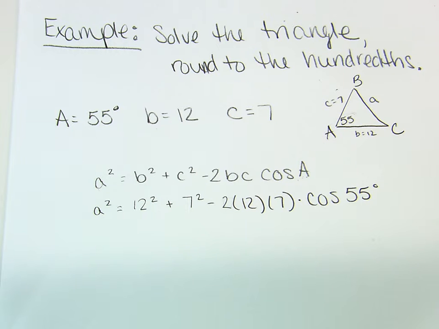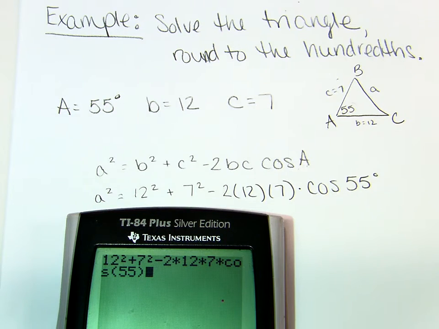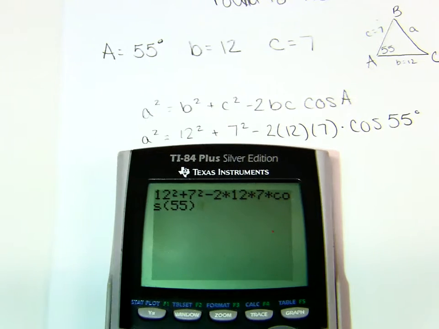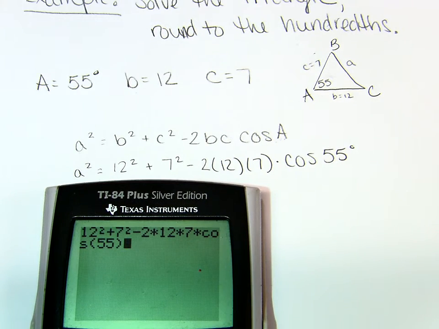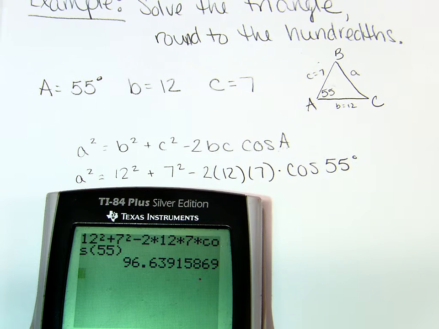So if I typed in that whole entire right side of the equation, 12 squared plus 7 squared minus 2 times 12 times 7 times the cosine of 55, and if I hit enter, you get a lovely number that's not going to come out pretty.